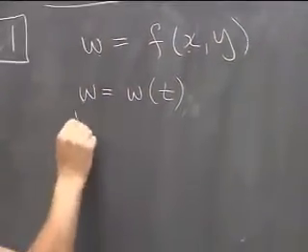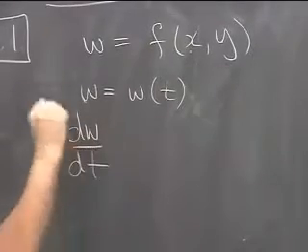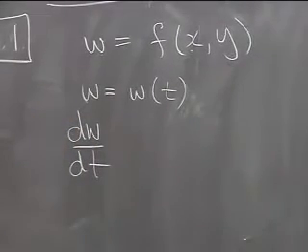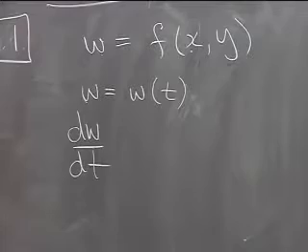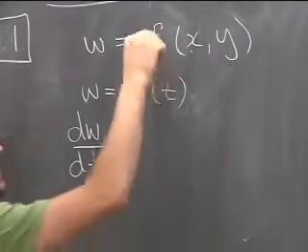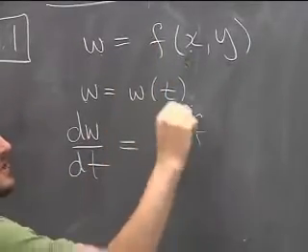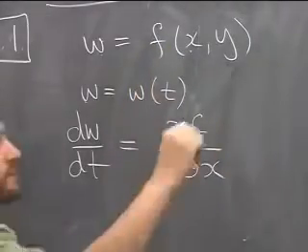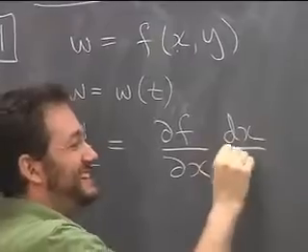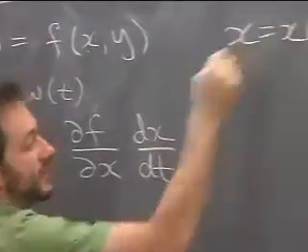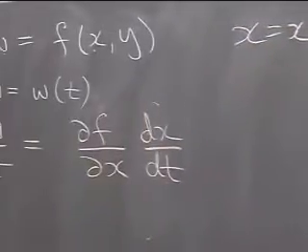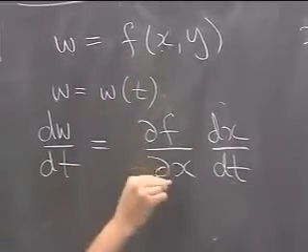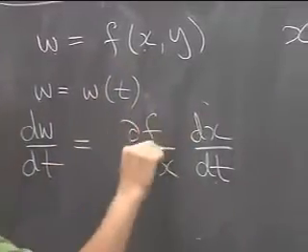So it does make sense to write dw dt without the squiggly d's, because w is just a function of one variable. And what we saw is that for dw dt, in order to see what it is, you have to differentiate f with respect to x, but then you multiply by dx dt. So as t changes, x changes by this ratio, and then f changes by this ratio times that.